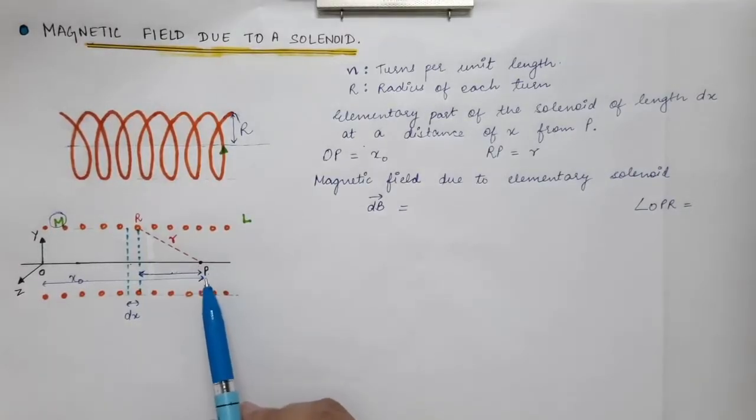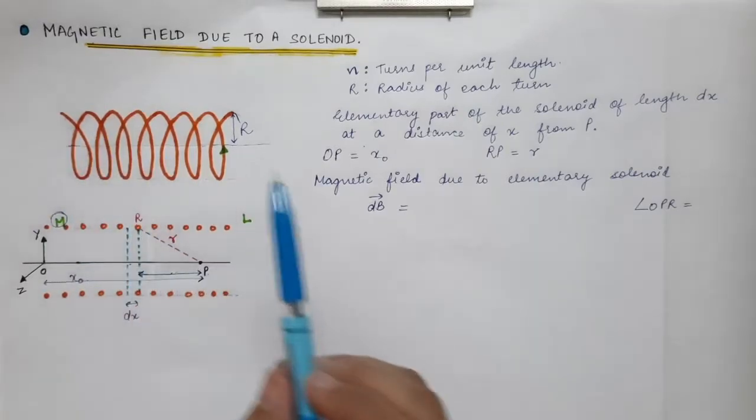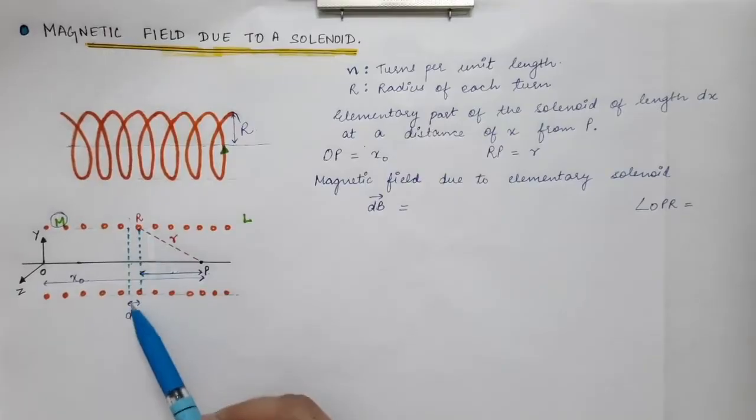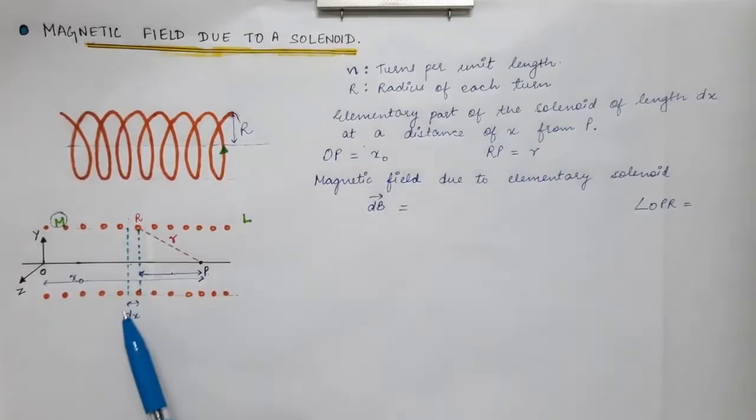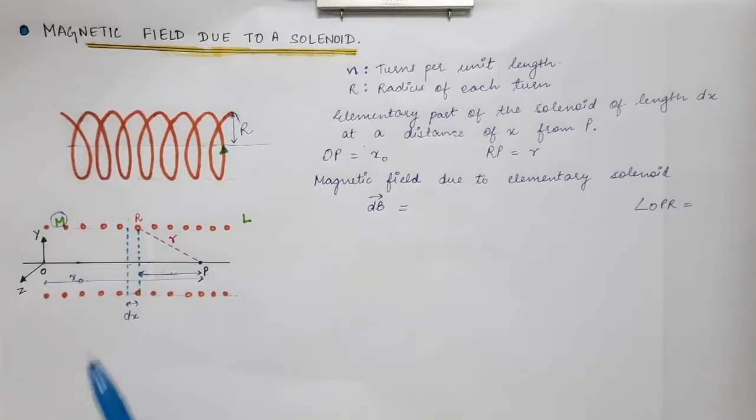To find the expression of magnetic field, we will divide this solenoid into small sections. So let's consider one section over here. This is a small section, an elementary part of the solenoid of length equal to dx, and this dx is very small.